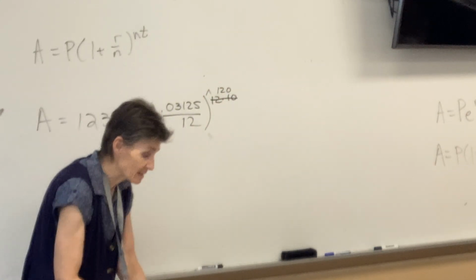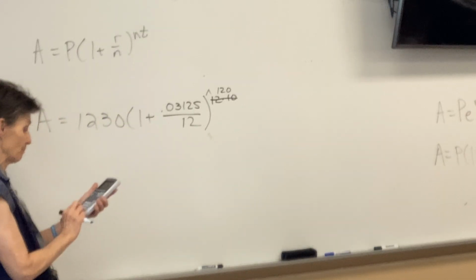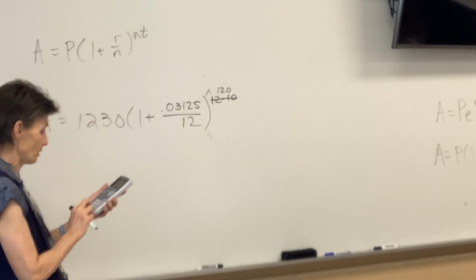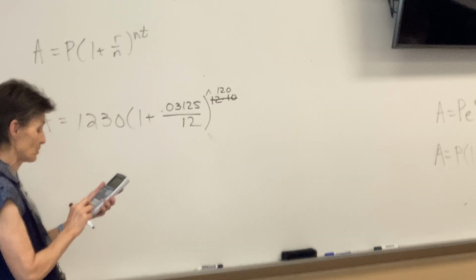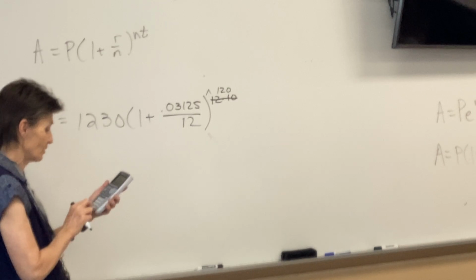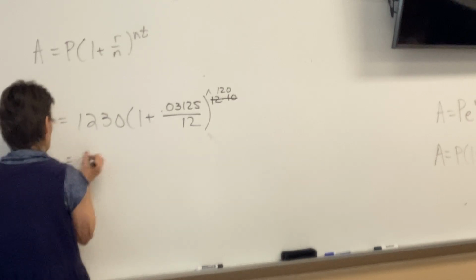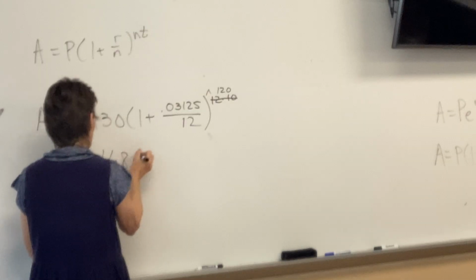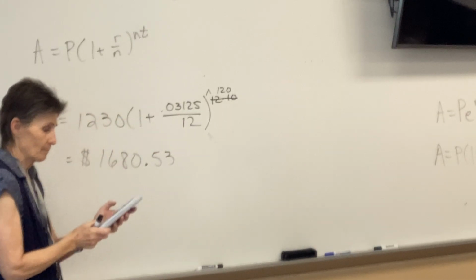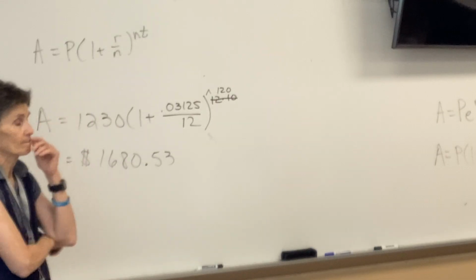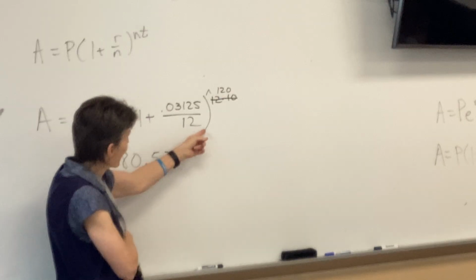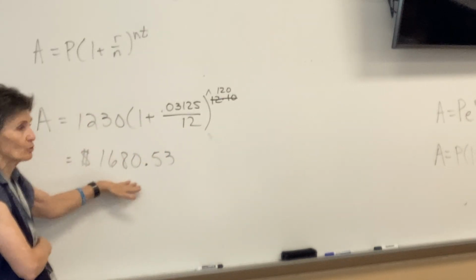I'm going to type exactly what I have written: 1230 parentheses, 1 plus 0.03125 divided by 12, close parentheses, raised to the 120th. $1,682.53. If you type this in exactly the way I wrote it, this is what you should come out with.